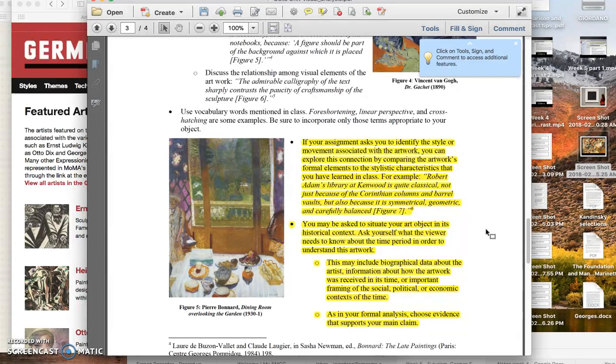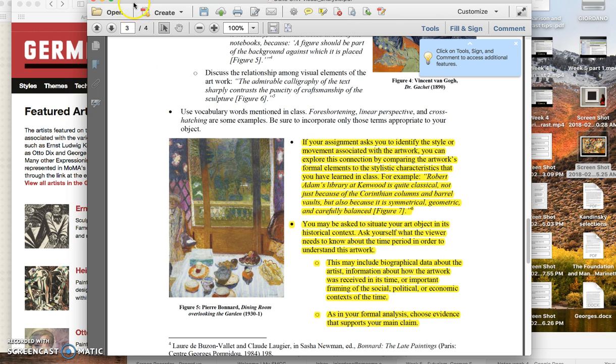How does that help us understand the work? So make sure you read this part at the end of the handout, and this week when you do your visual analysis, let's see if you can incorporate some of these ideas around historical precedent in art, as well as biographical material, and the social, political, or economic conditions of the period.